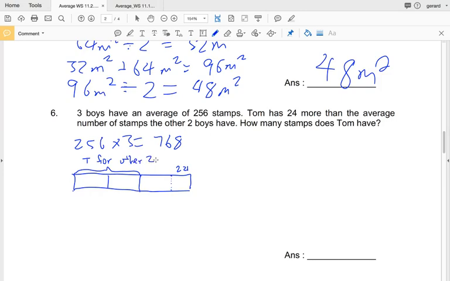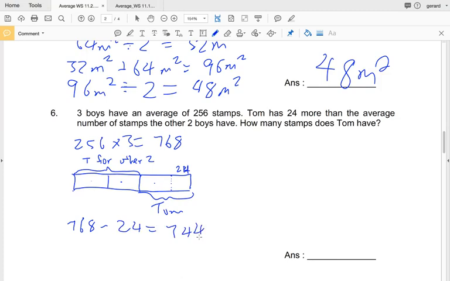And this 1 unit plus the 24 is Tom. So now you have 3 equal units and a 24 behind, and the whole thing equals 768. If we take 768 minus 24, we get 744.